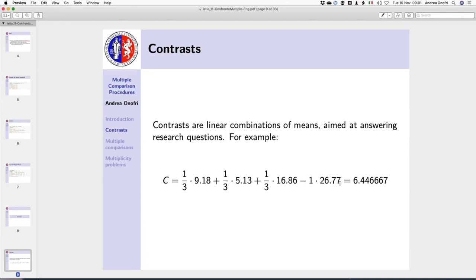If you look at this contrast here, you see that there is a meaning inside.